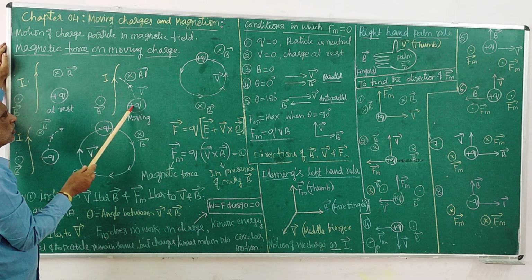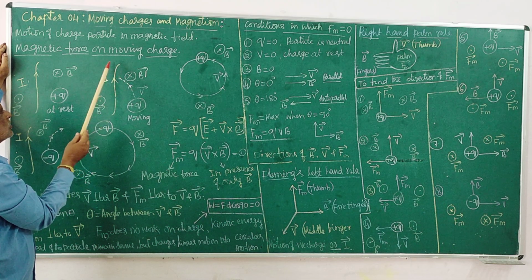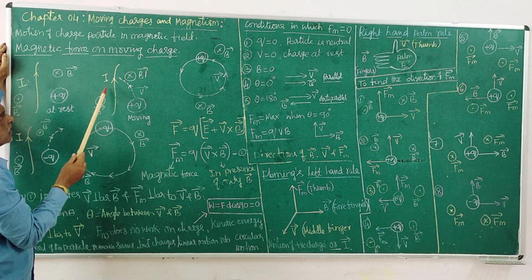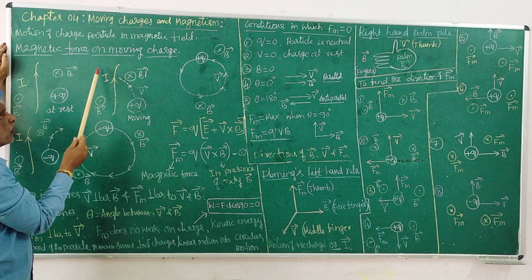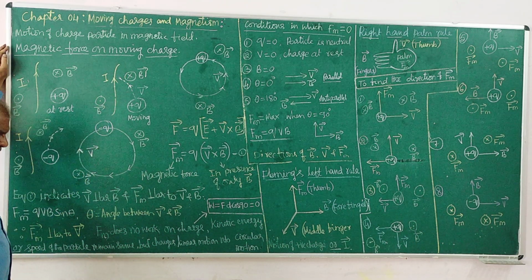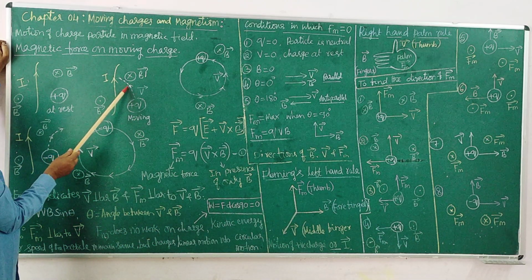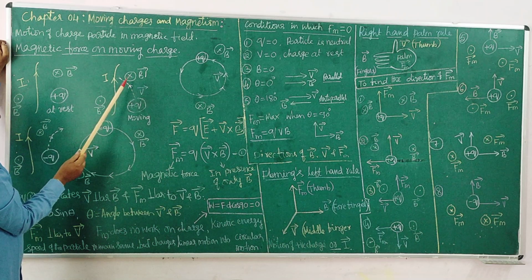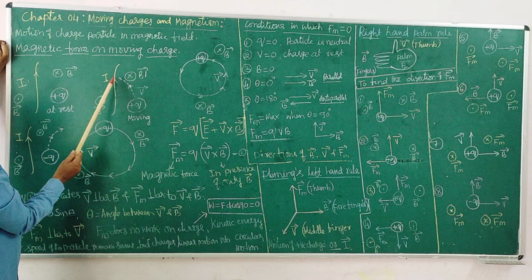Now, if the charge is moving at different points in the surroundings, the magnetic field is there at every point. This magnetic field is not uniform. It varies from point to point. The deflection of the charge depends on the magnitude of B. The magnitude of B is not the same, so there is a different angle of deviation at different points.